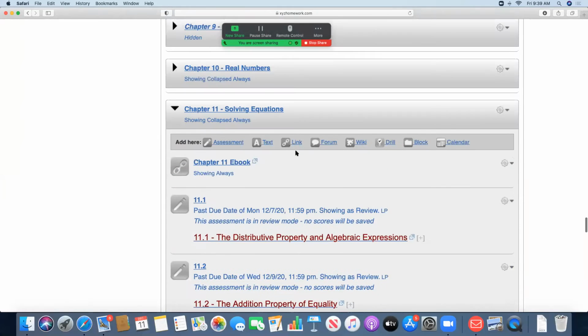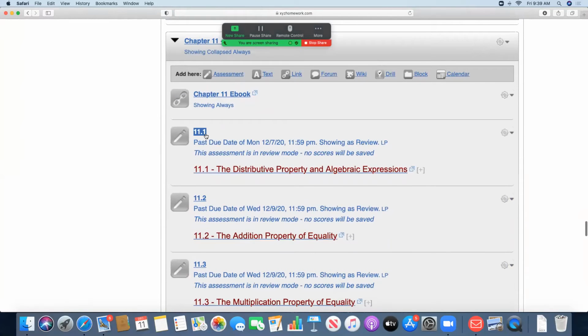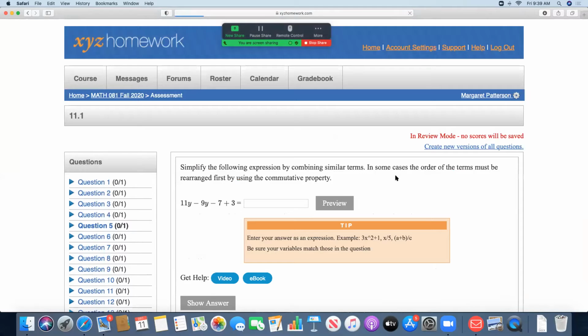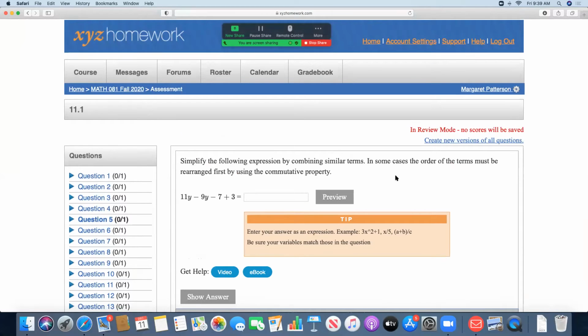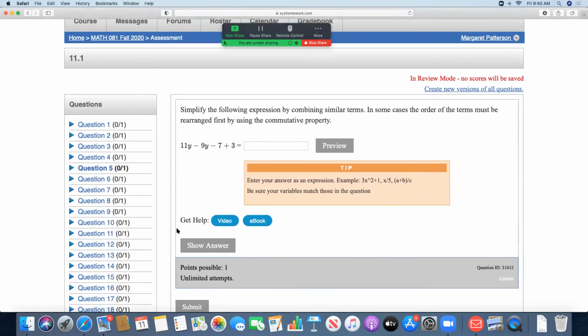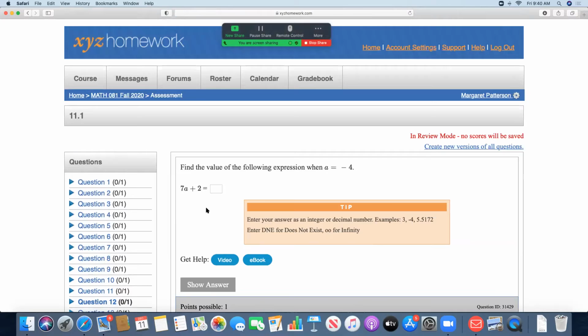My suggestion would be to look again at the homework of chapter 11. This is what we were just doing. This was the prep work for solving the equations, where you had like terms and you would combine them. And then you had plain numbers and you would combine those. And so that was chapter 11.